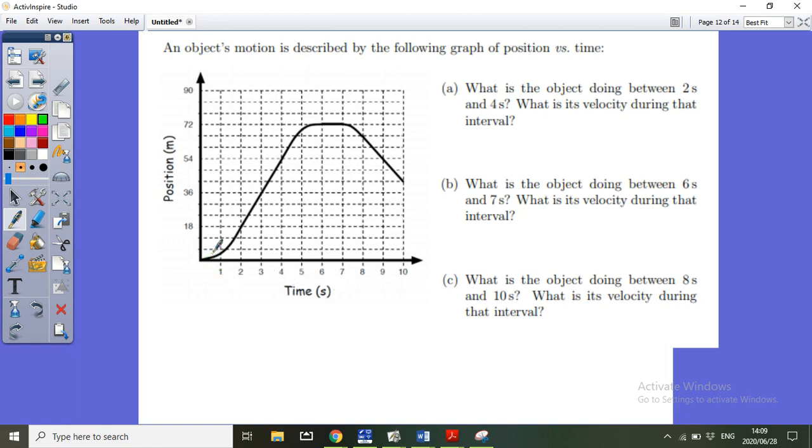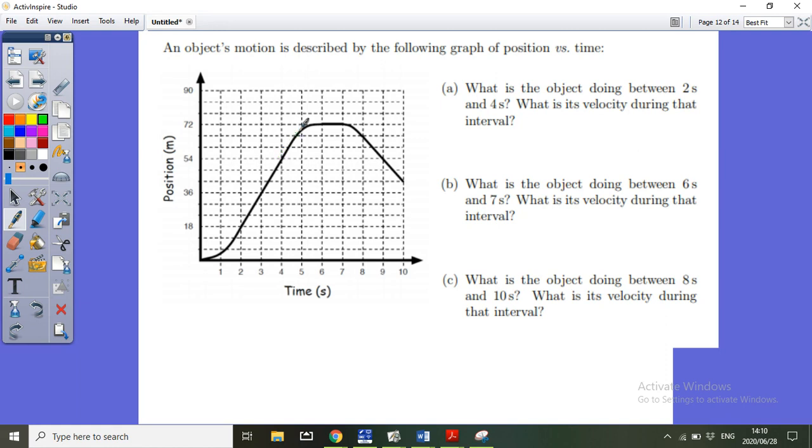Now, if I look at this graph here, it is the position, the gradient is not constant. The gradient is increasing. So therefore, my velocity is increasing. If you look at this little bit here, straight line, if you want to make sure it's a straight line, put your ruler on it, then you know it's a straight line. So for that little bit straight line there, my gradient is constant, therefore my velocity is going to be constant.